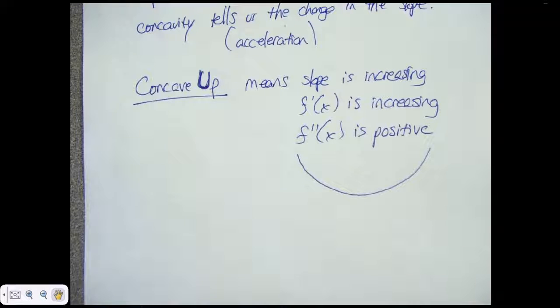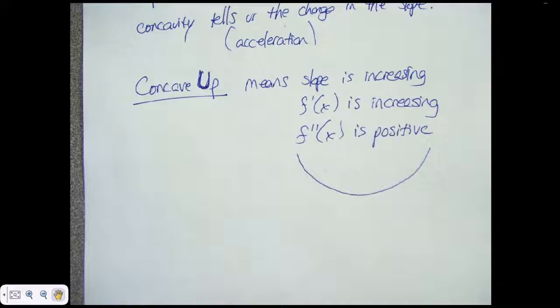If I were to draw the tangent line right here, I'd have that slope to it. So what concave up means is the slope is increasing as I go from left to right. Right there, would you agree that my slope is negative? As I go left to right, would you agree that my slope is less negative? Isn't that increasing then, if it's less negative?